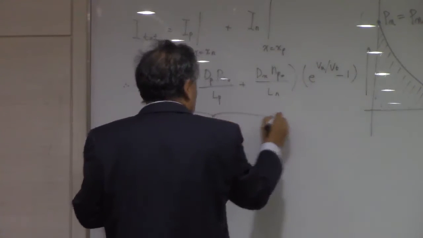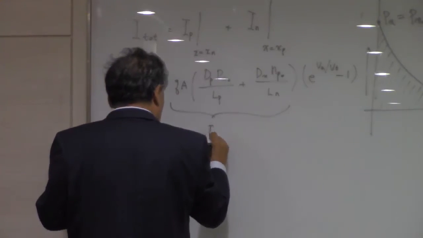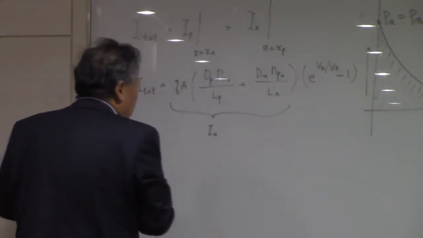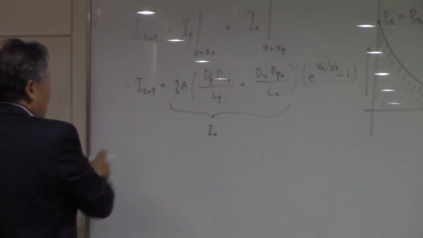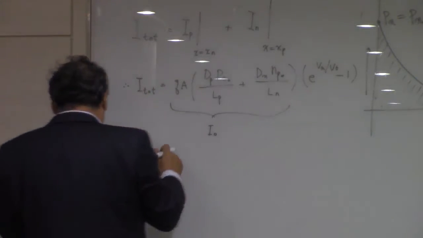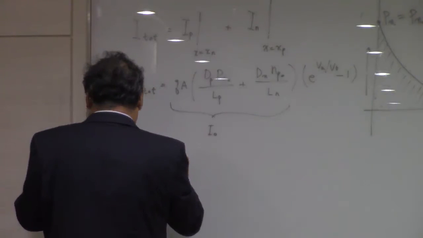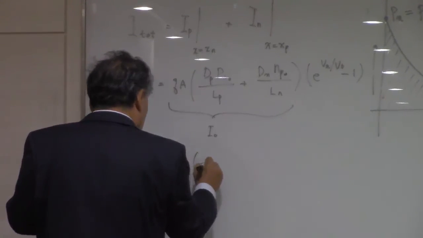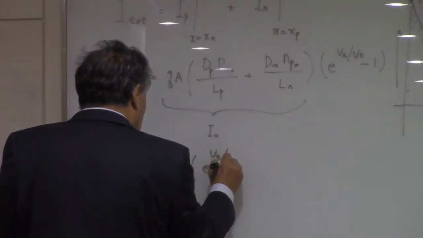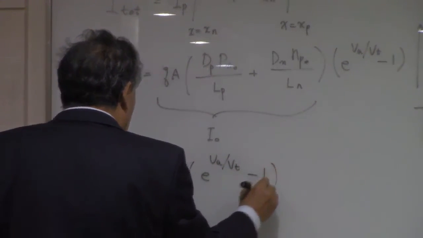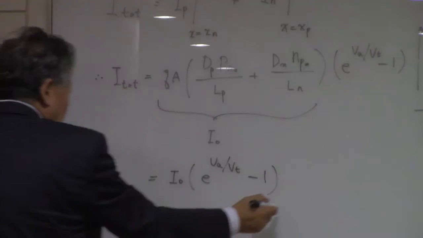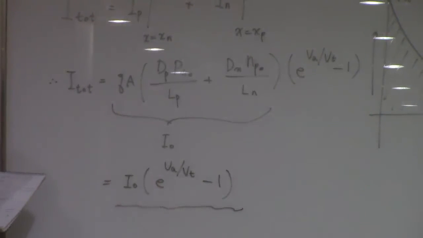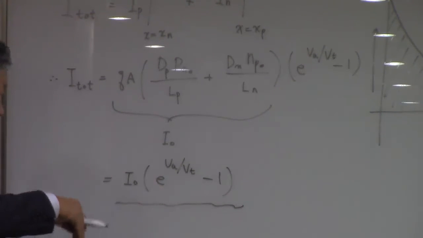And this again is going to be called I naught in this case. You can compare this to the current in the metal semiconductor junctions. Then this is I naught (e to the VA over VT minus 1). That is the current that you can get out of this PN junction.